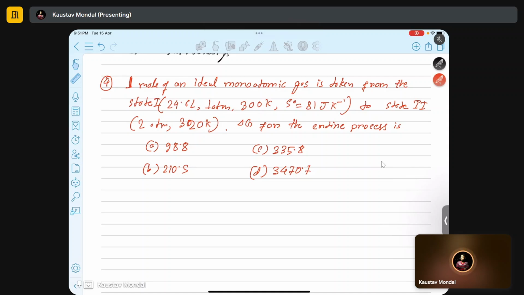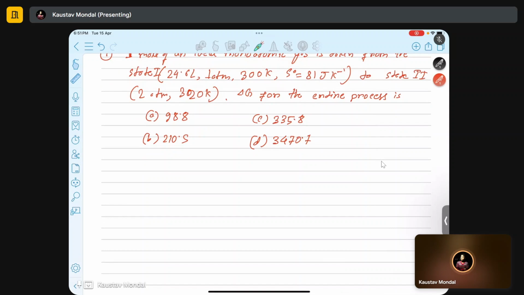So basically, 1 mole of ideal monoatomic gas is taken from state 1, and the properties of state 1 are given. The 24.6 is the volume of the gas, 1 atm is the pressure, temperature is 300 Kelvin, and this is the initial entropy, 81 joule per Kelvin.